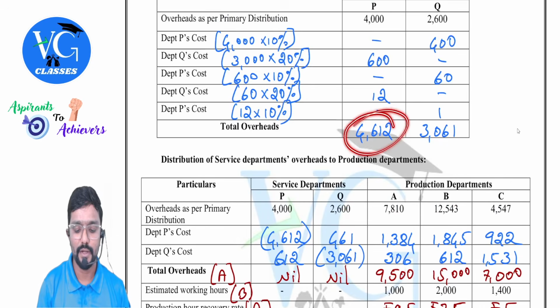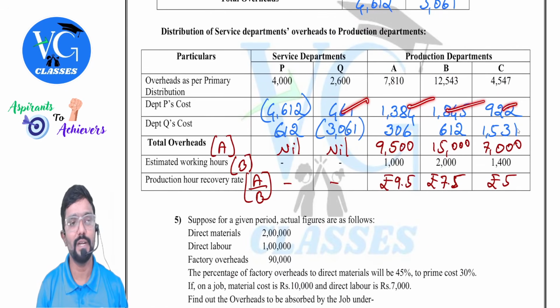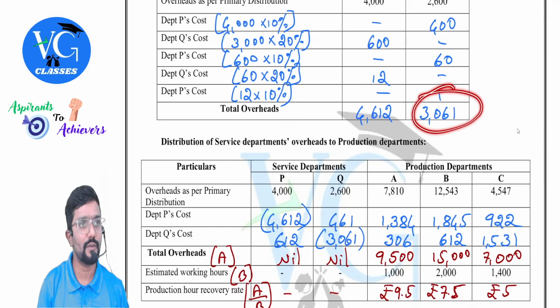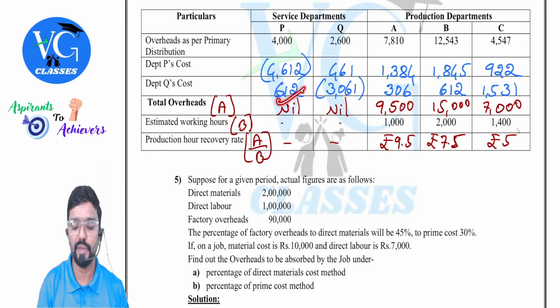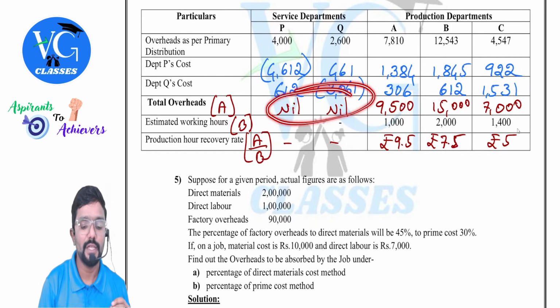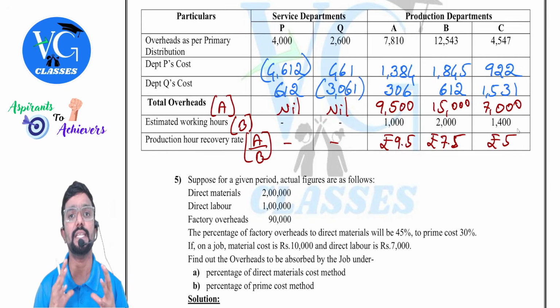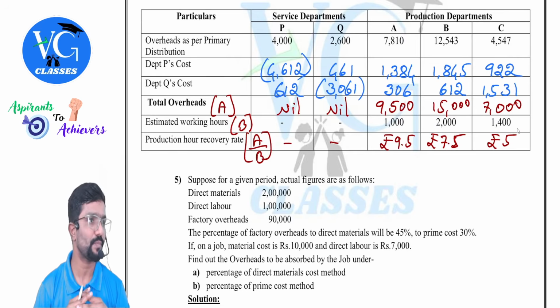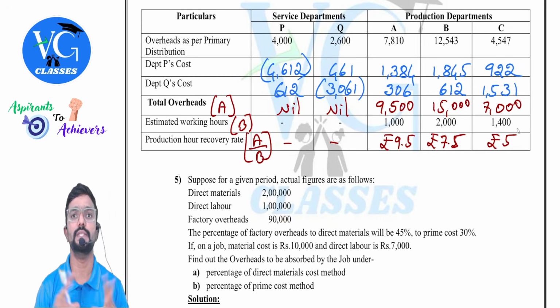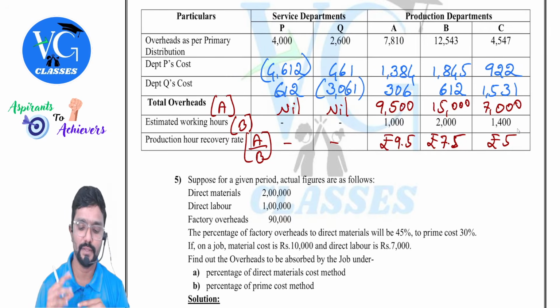Whatever cost we have got here, redistribute it to Q, A, B, C. Same way, take the total cost of Q and redistribute it to P, A, B, C. And ensure that at the end, the cost of service department is nil or zero, guys. Nil or zero. Is that clear? Yes.